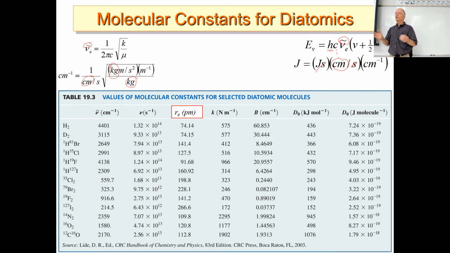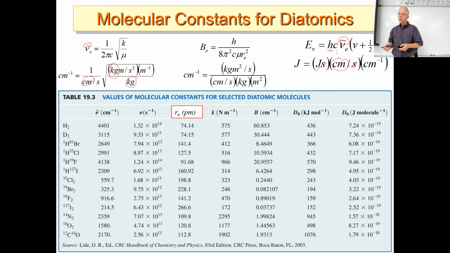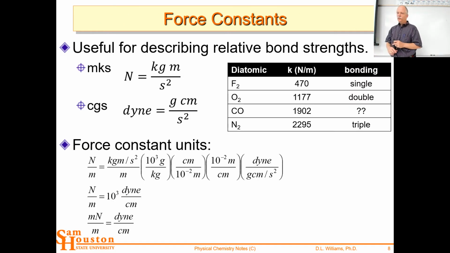But if you're going to work in wave numbers, don't. Just use those constants to convert your units around. And then the rotational constant we're going to get to later, but again, it's another unit analysis. It'll help you realize when you need your masses in kilograms and what version of the speed of light you need to use. So let's look at force constants.